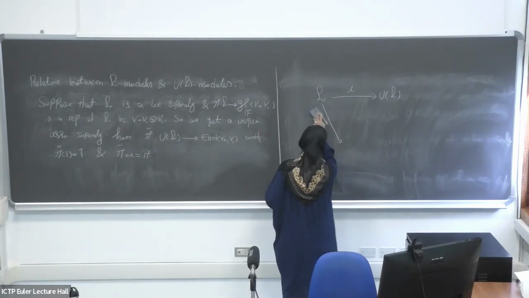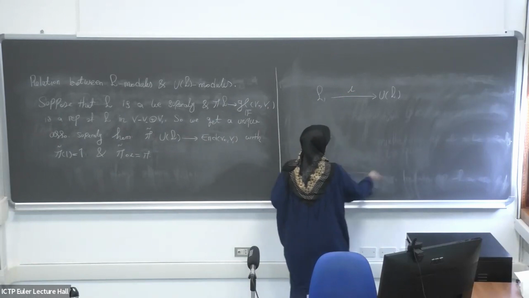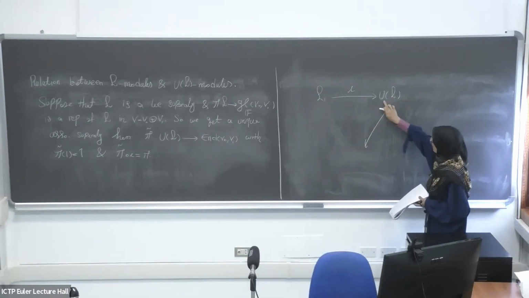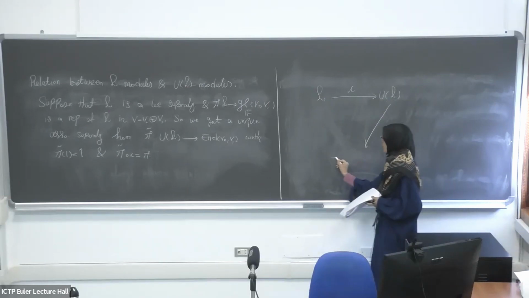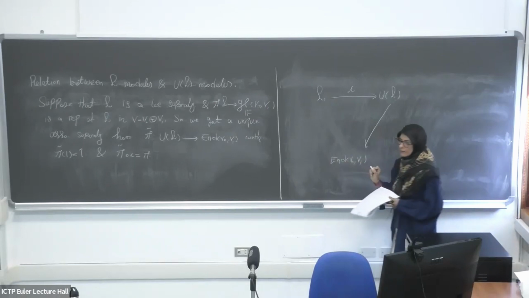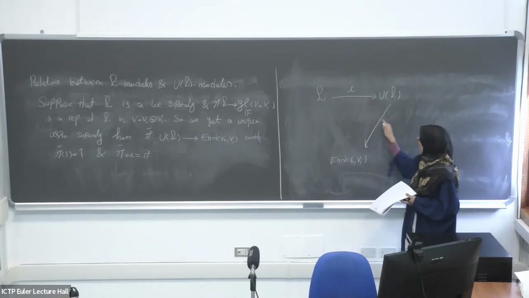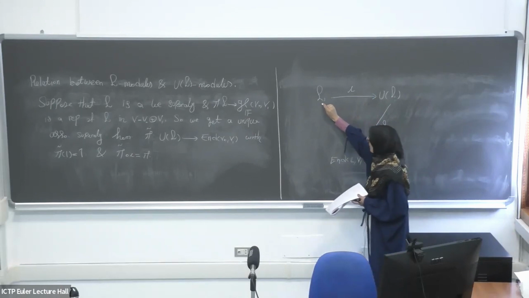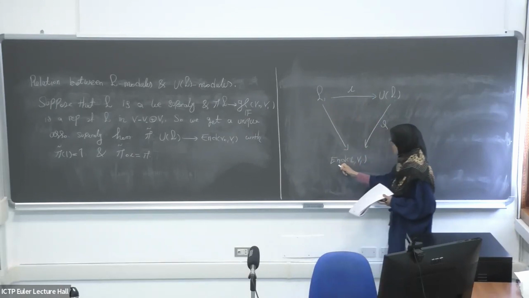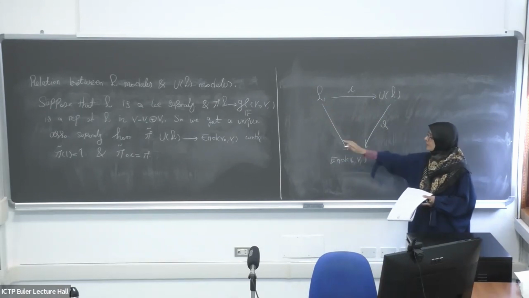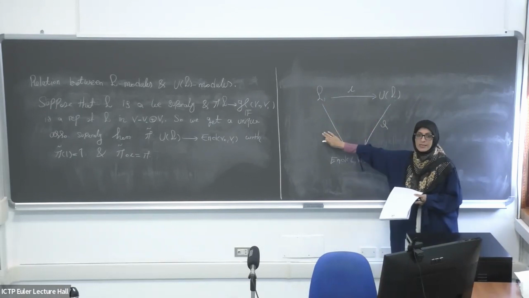Conversely, we can start with a representation of UL, a homomorphism from UL to the endomorphism of V0, V1. We call it phi, and then the composition of phi and iota is a map to the endomorphism of V0, V1.